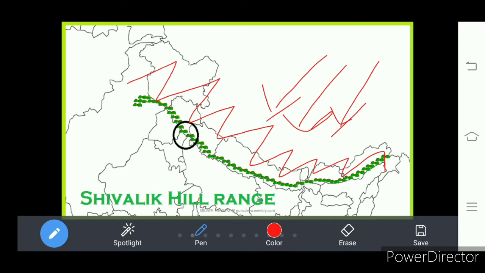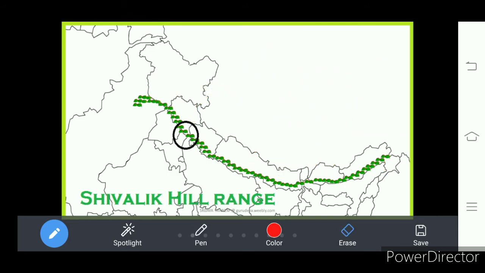Okay, it stops the cold winds coming from Central Asia. What happens if these Himalayan mountains are not present here? India would have turned to cold desert, as the cold winds would pass to India from the Central Asia when there are no Himalayan mountains.